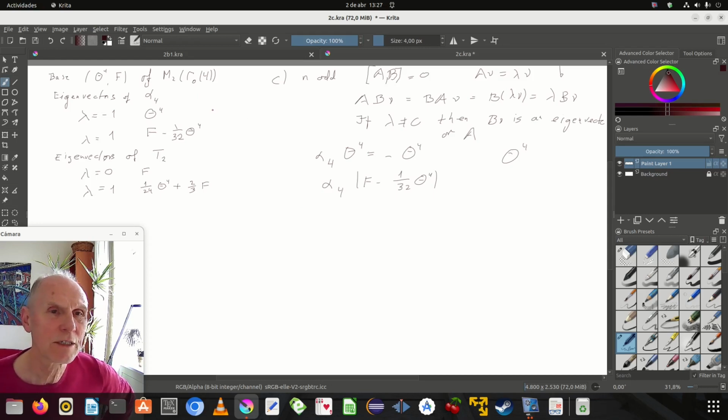So you see, we get Tn of all of these guys are eigenvectors. And could it have the eigenvalue naught, any of them? I really think it can't.